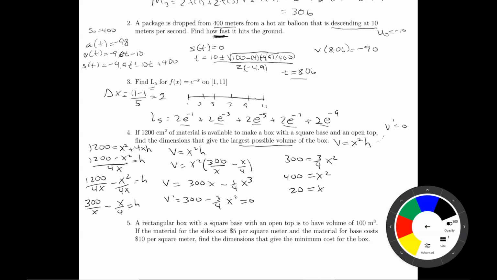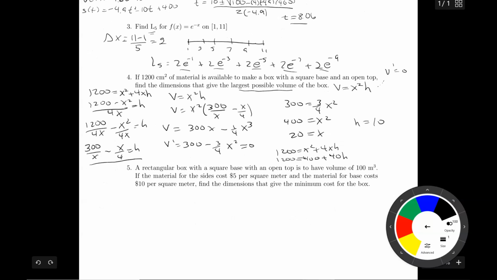So I go back and put it back into 1,200 equal x squared plus 4xh. So I get 1,200 equals 400 plus 4 times 20 times h, and then I can solve for h, and I got h is equal to 10. Oh, this probably would have been a better place to put it in.